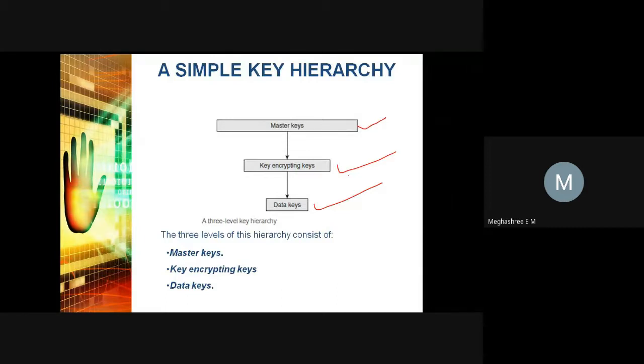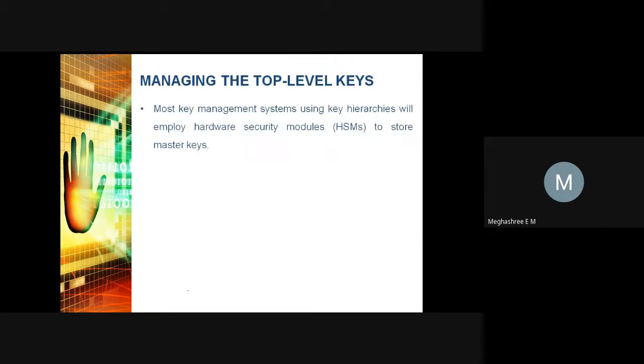And do remember, one level of keys is used to encrypt the next level of keys. So master keys are used to encrypt key encrypting keys, and these keys are used to encrypt the data keys.